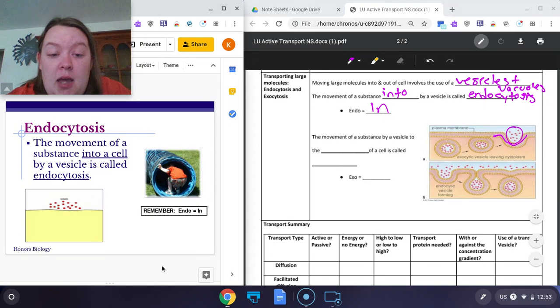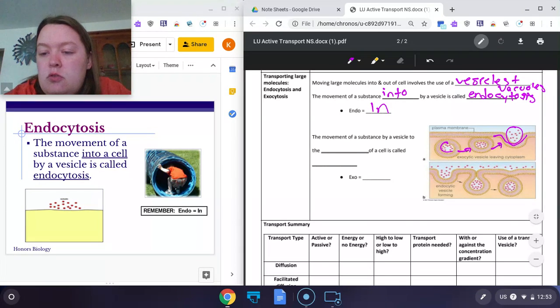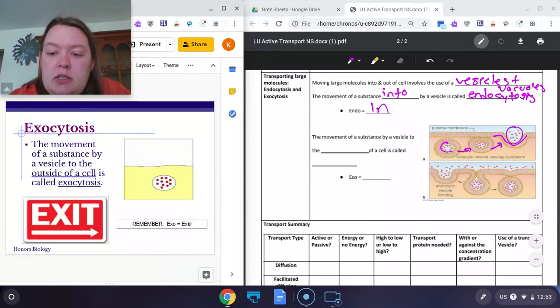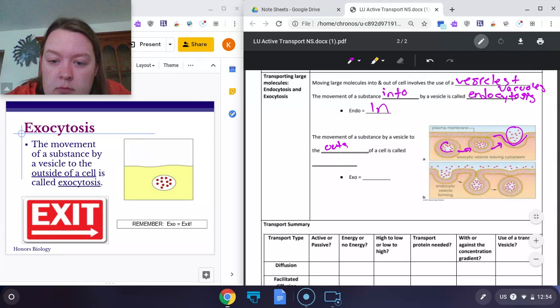When the opposite happens and a vesicle comes from the inside and moves toward the outside of the cell, that is going to be moving a substance out of the cell. And that is called exocytosis.